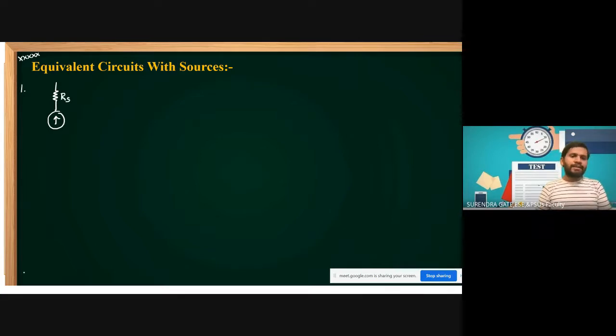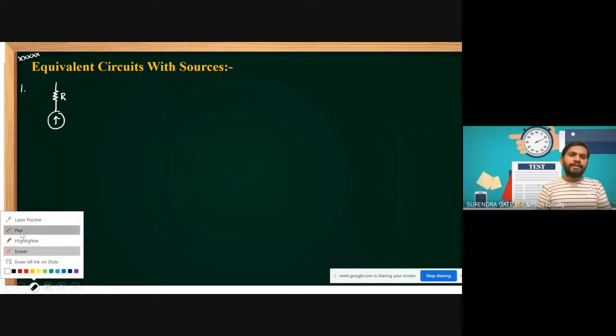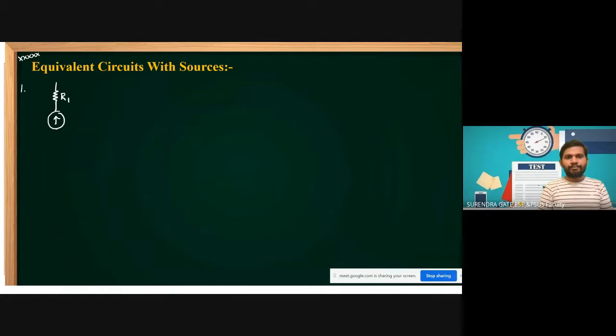Let the series resistance, not RS, be taken as R. If any resistance is connected in series with a current source, friends, there is no significance for that resistance. That's why simply we can replace this circuit with a current source only.